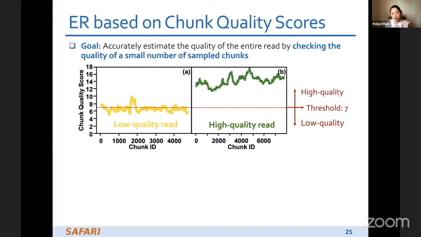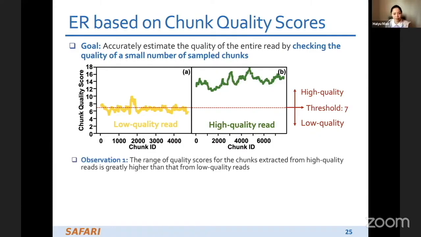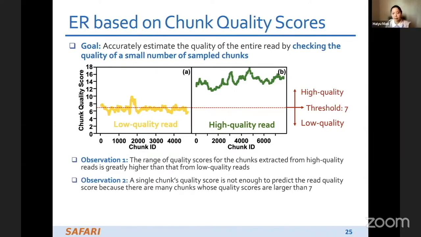We made 3 observations. The first is that the range of quality scores for the trunks extracted from the high quality reads is greatly higher than that from the low quality reads. The second is that a single trunk's quality score is not enough to predict the read quality score, because, as you can see here in the yellow one, there are many trunks whose quality scores are larger than 7.